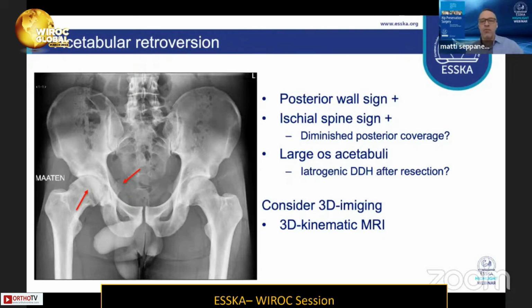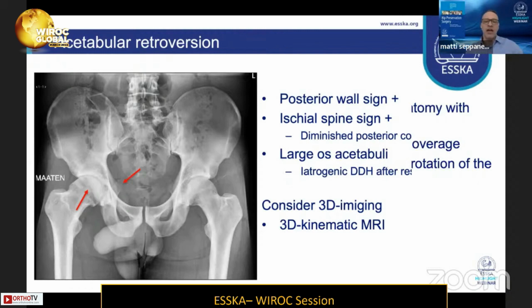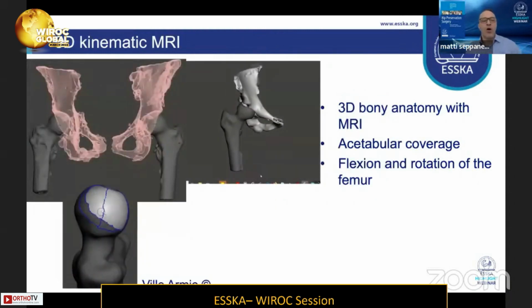If you see positive posterior wall sign, and there's a red flag as an ischial spine sign, positive, or you have a large os acetabuli causing the pincer FAI situation, I truly recommend that you consider some kind of 3D imaging. The one tool I usually use today is 3D kinematic MRI, where we can check the three-dimensional anatomy of the bony structure.